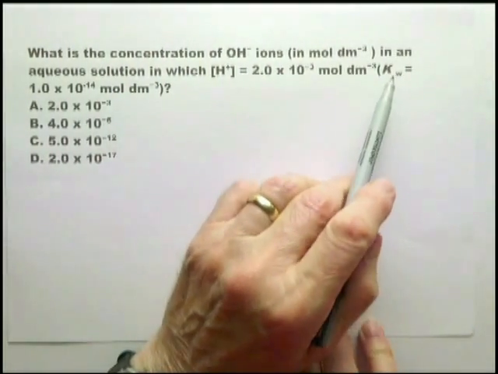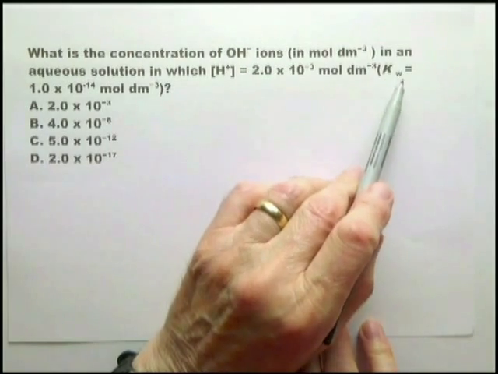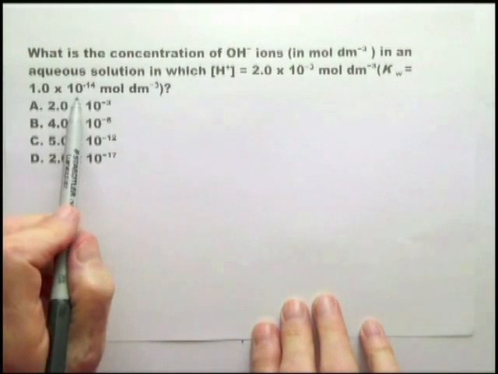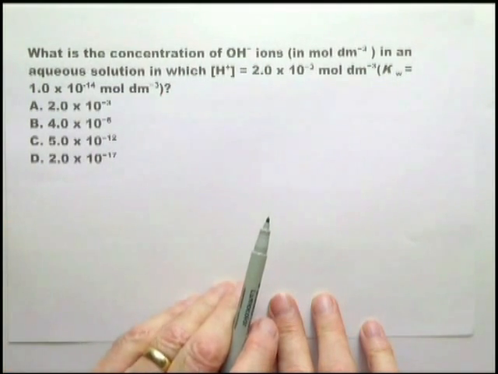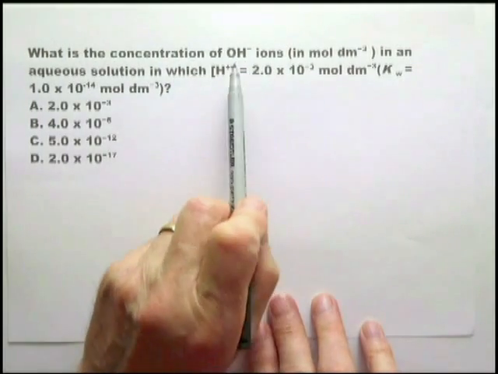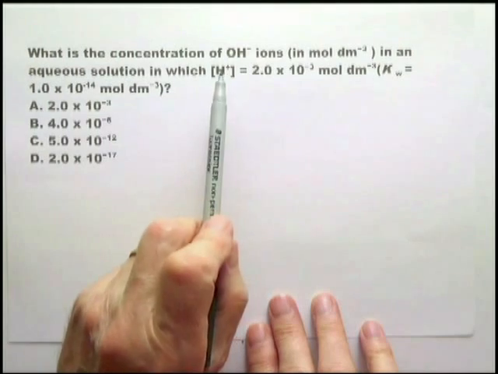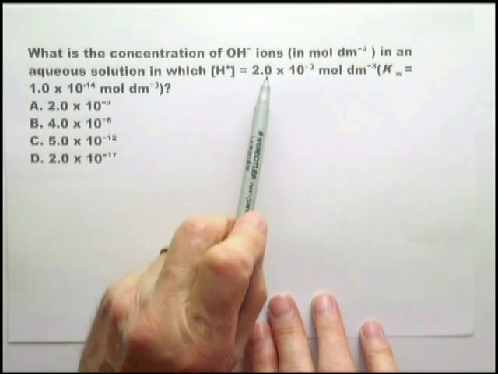I always find it surprising that they actually tell you the value of Kw equals 1 times 10 to the minus 14. My view is you need to remember it. What is the concentration of hydroxide ions in an aqueous solution in which the concentration of hydrogen ions is that?